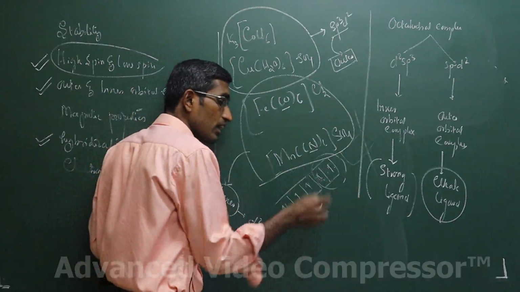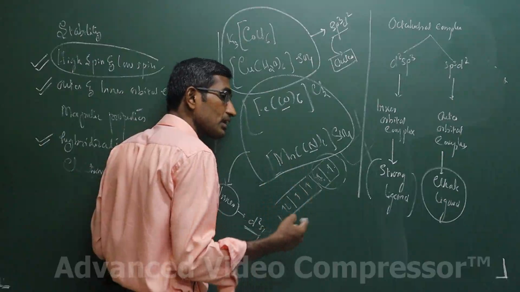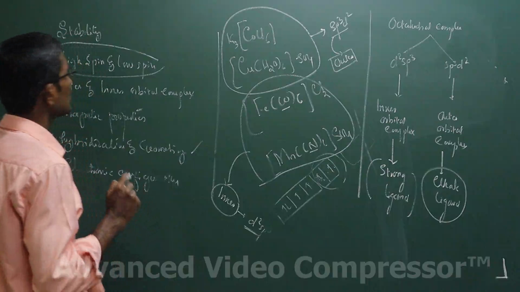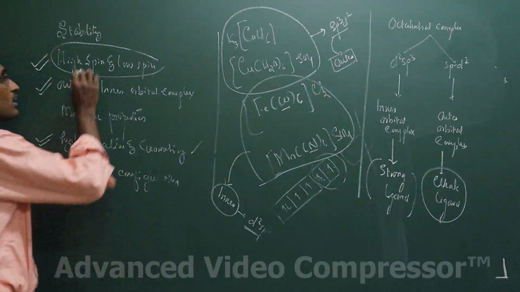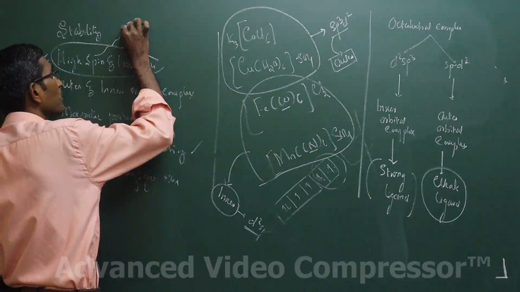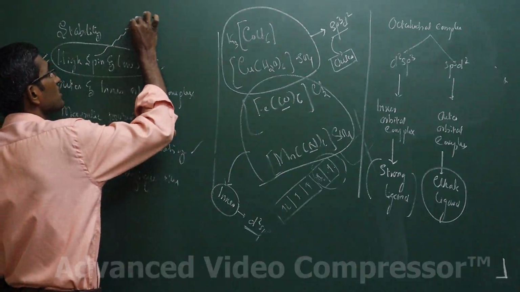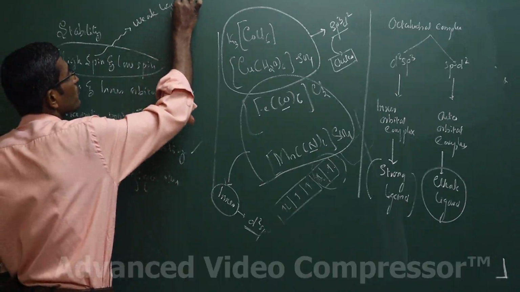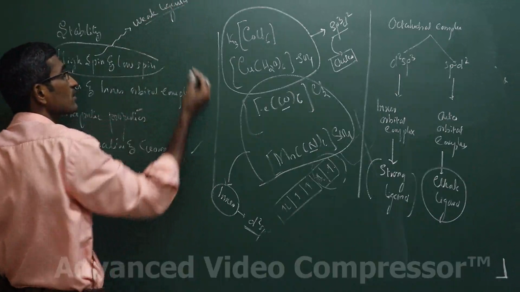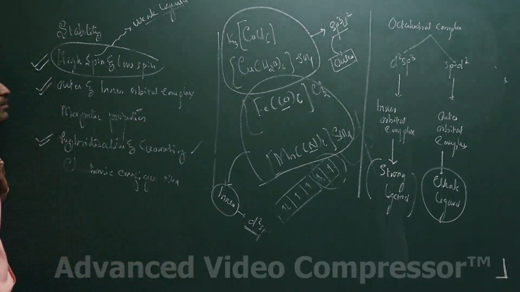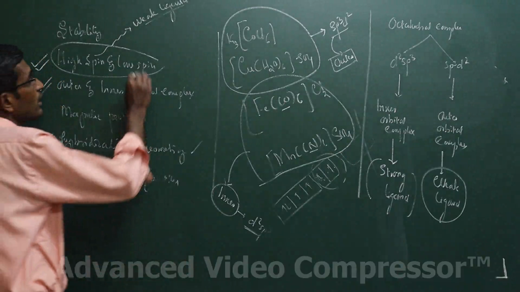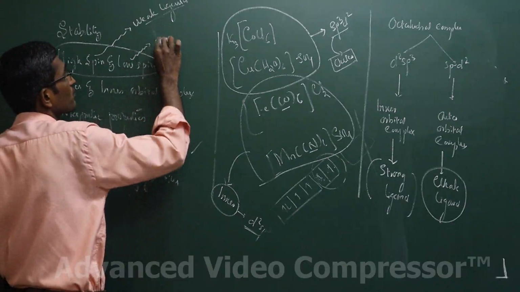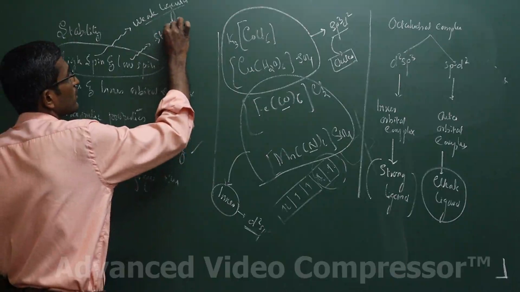That means there are lots of unpaired electrons left, students, when there is a weak ligand. Extending the same idea, can I say high spin complexes are the ones in which weak ligands are involved? This is applicable in most cases, although there are exceptions. So high spin complexes are possible when there is involvement of the weak ligand, and low spin complexes are possible when there is involvement of the strong ligand.